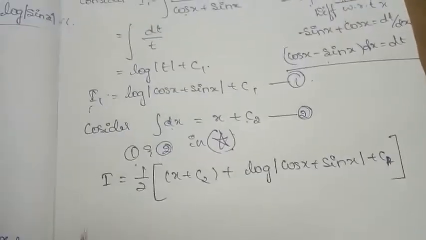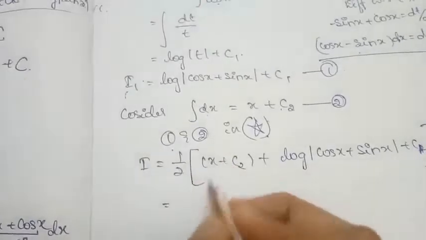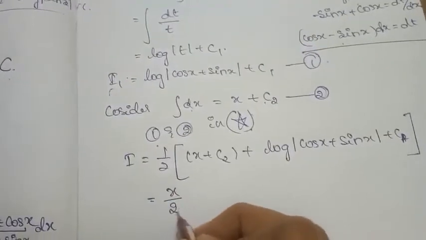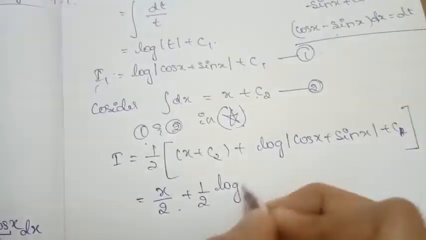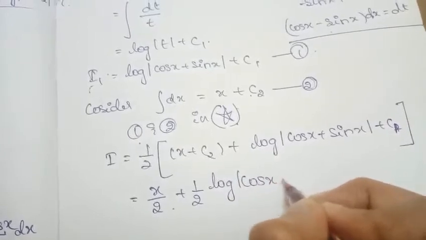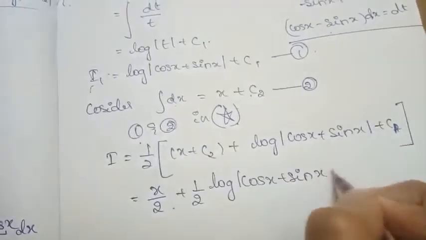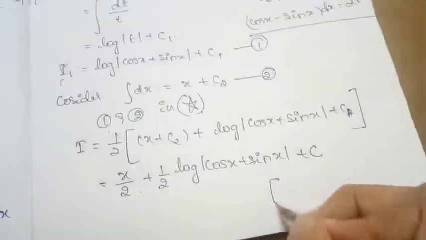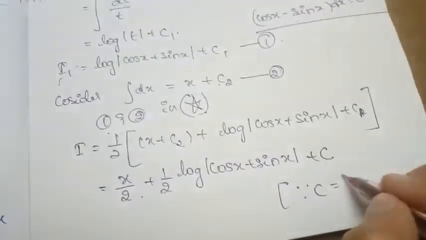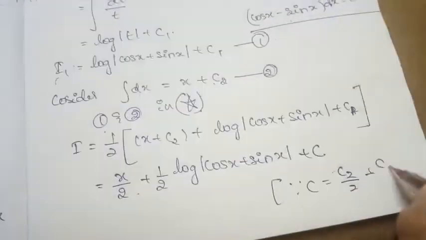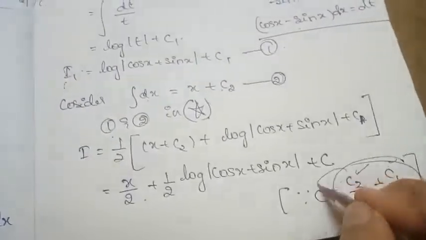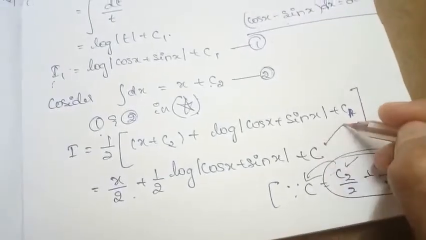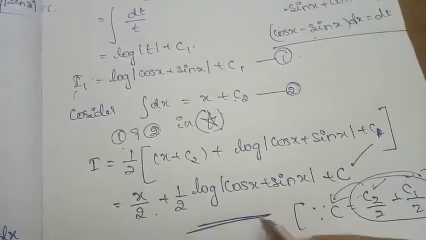Now I multiply this 1 by 2 inside the bracket: x by 2 plus 1 by 2 into log of mod cos x plus sin x plus c, where this c is equal to c2 by 2 plus c1 by 2. Both are constants, so I am combining them and giving one value, c. Now this is the integral of the given question.